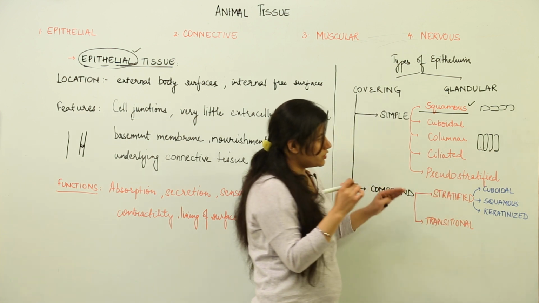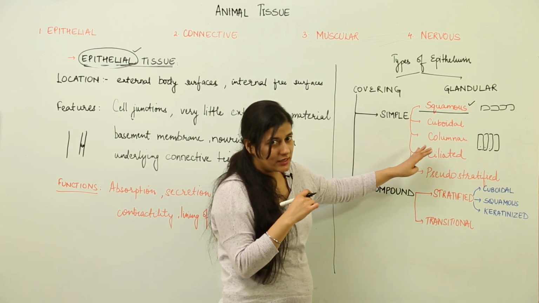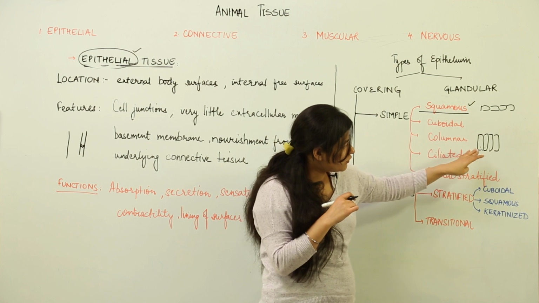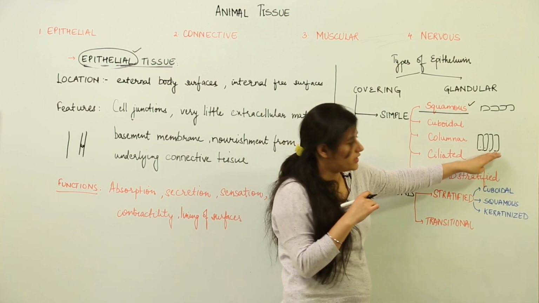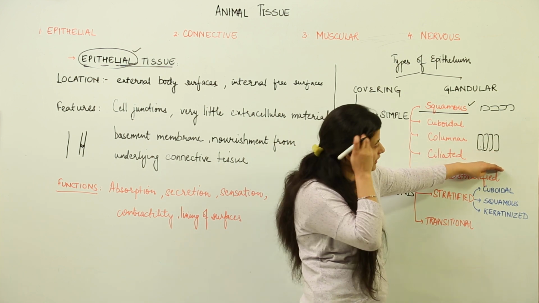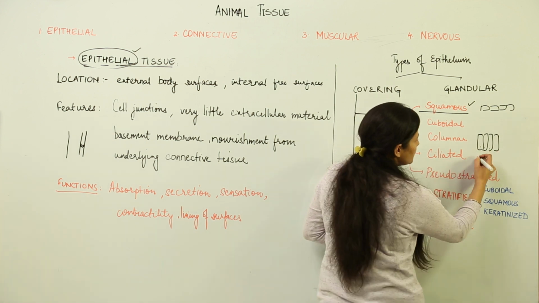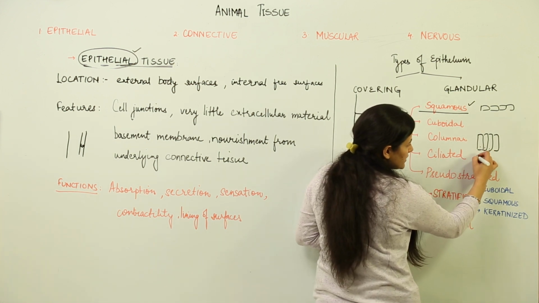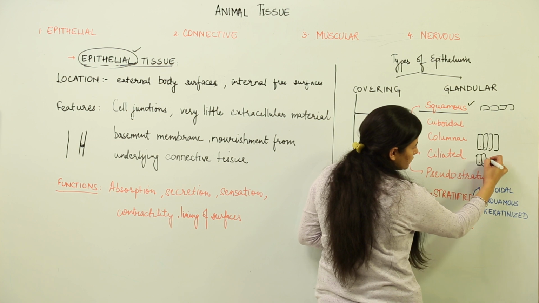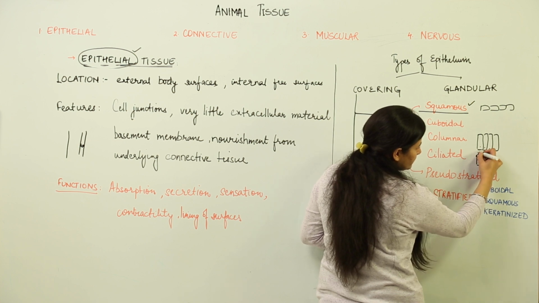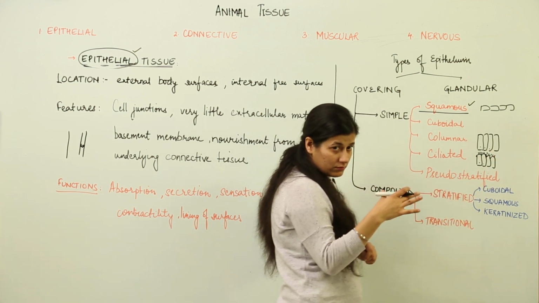Here we are not discussing the locations, we are discussing only the cellular characters. So in case of columnar, such would be the cells, with a single layer of cells arranged in this pattern. In case of ciliated, the columnar cells are going to bear cilia, small projections which help in motility.